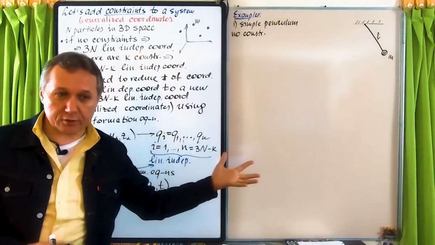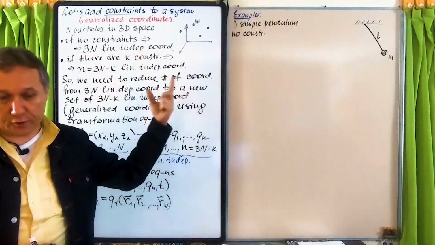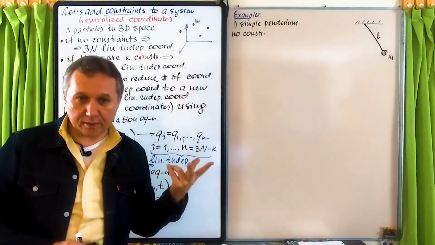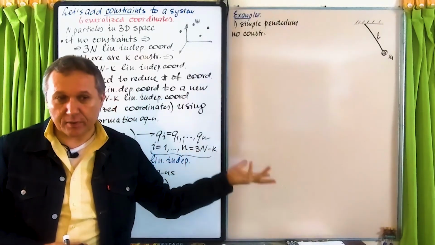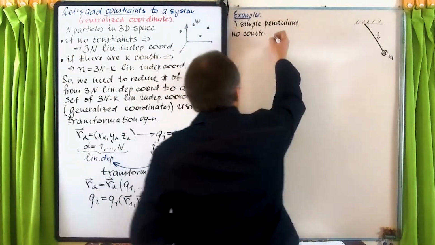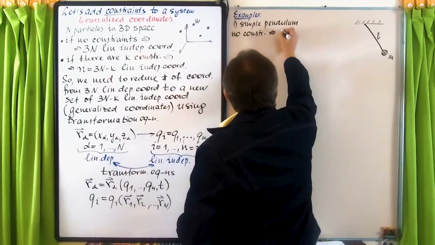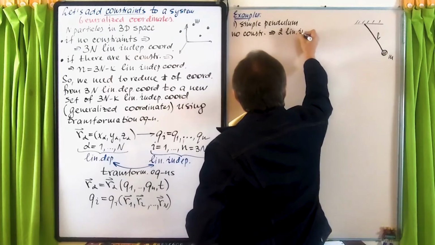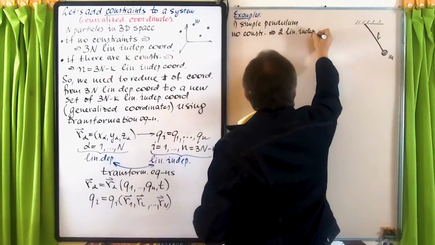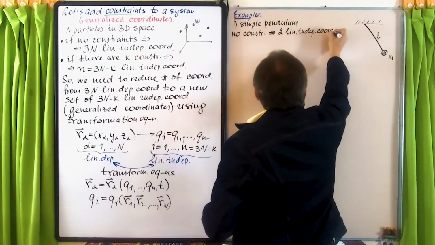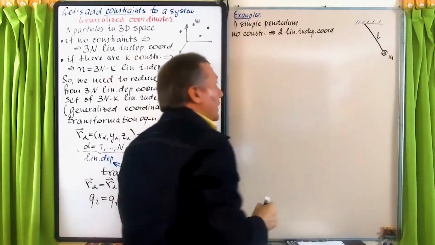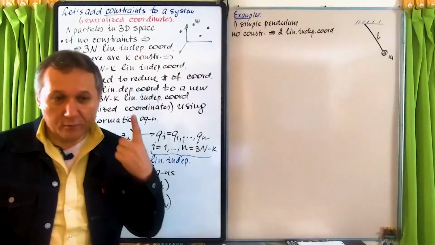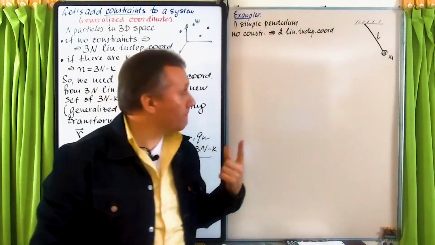If there are no constraints, then of course you will need 2 linearly independent coordinates to describe the system. For example, x and y. But in our case, we have one constraint. Right.